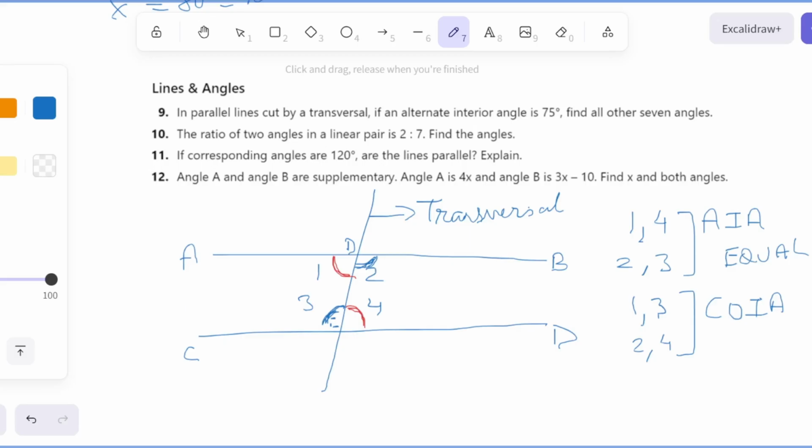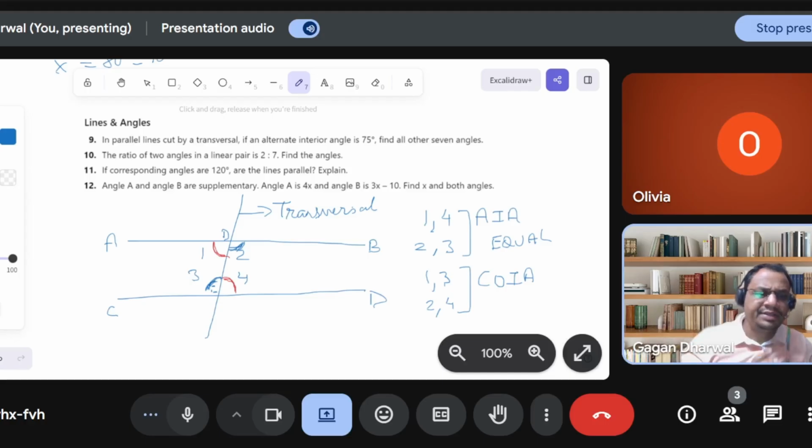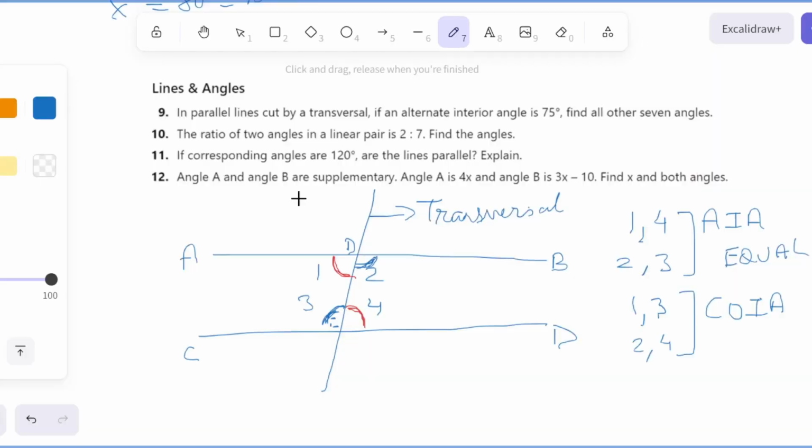But as in the case of alternate interior angles, the angles have to be on different sides, not on the same side, in co-interior, angles have to be on the same side. That's why I wrote 1 and 3, 2 and 4. These are co-interior angles. Are they equal? No. They add up to 180. They are supplementary.